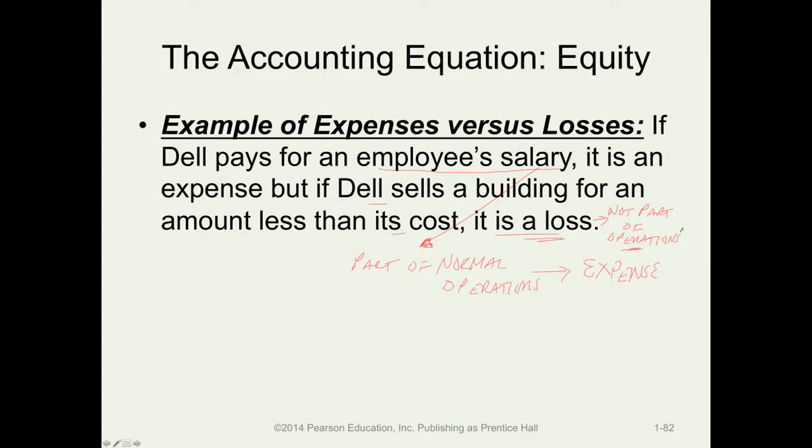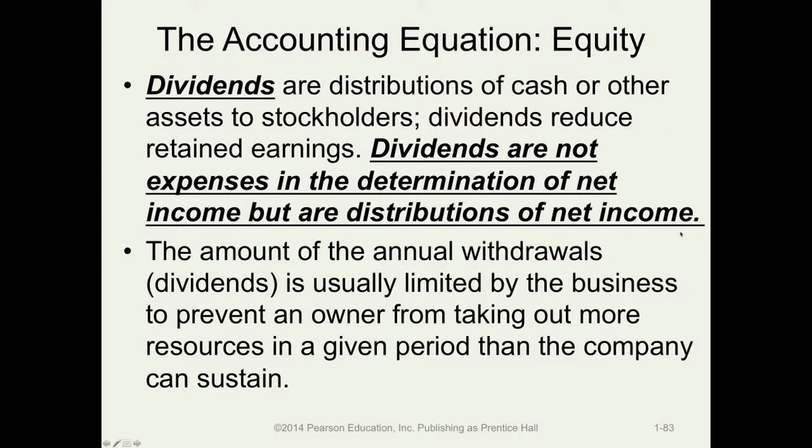They are in business to manufacture and distribute computers and other technology, and they need to pay their salaries for that purpose. Now again, aside from net income or loss, which consists of revenues, gains, expenses, and losses, there are also going to be dividends. Dividends are distributions or withdrawals of cash or other assets to owners. They reduce retained earnings. A critical point: these are absolutely not expenses.